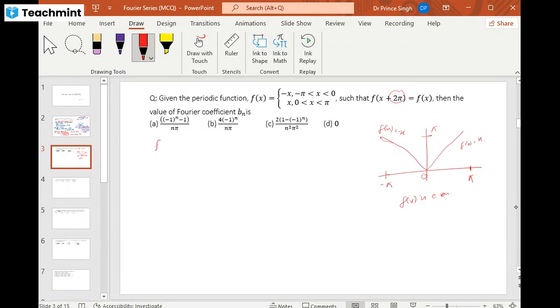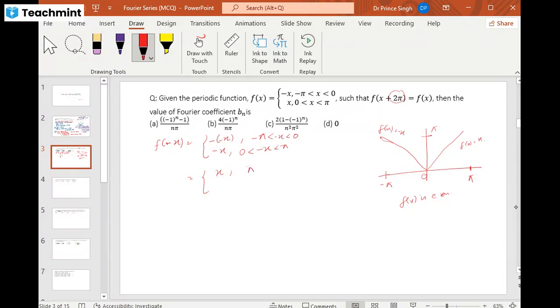So how do we check the condition? f of minus x. This is equal to, I replace x with minus x. Here the interval is minus pi is less than minus x is less than 0 and its value is minus x, and in the interval 0 is less than minus x is less than pi. Now this is equal to minus of minus x is x, and if I multiply throughout with a negative sign, then the sign of inequality will change.